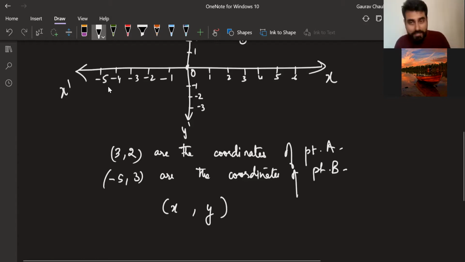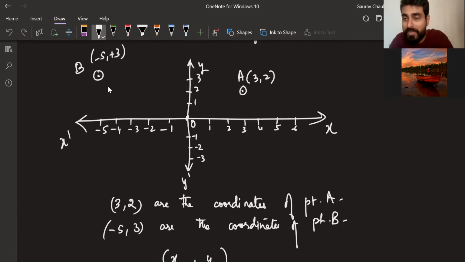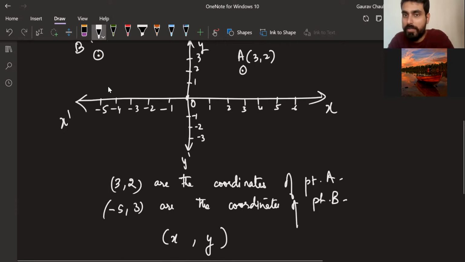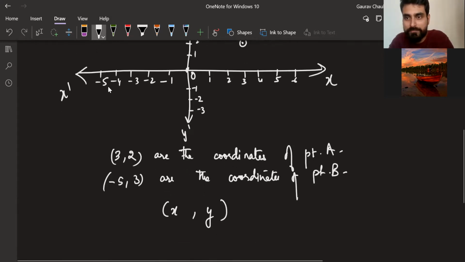Now, the first coordinate or the x coordinate implies how many steps from the origin you have to take in the x direction, okay? And y implies from the origin how many steps you have to take in the y direction. Okay with that so far?